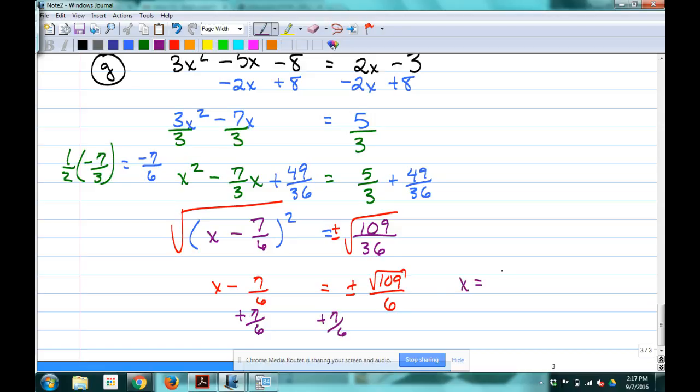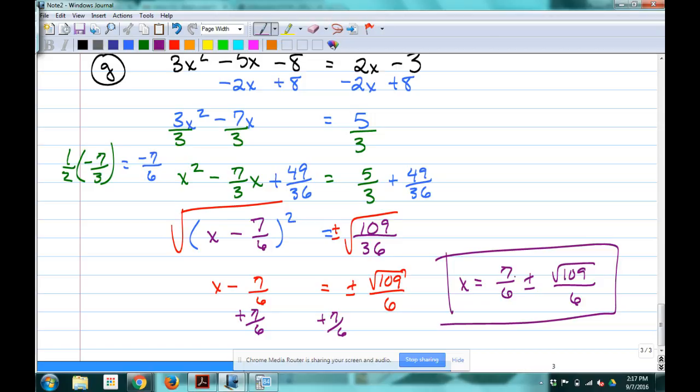So x is equal to 7/6 plus or minus radical 109 over 6. That's as tough as they get in this section as far as solving goes. They don't get any tougher than that, honestly. So completing the square is not that bad.